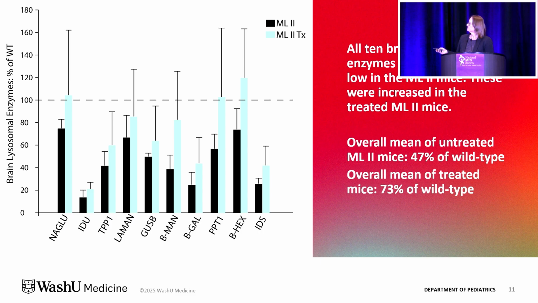Aqua bars are the ML2 mice that had been treated with gene therapy, showing that there was some increase in the lysosomal enzyme content of the brains with all of the enzymes that we assayed in the treated mice. Overall, the mean of the untreated ML2 mice was that they had 47% of wild-type enzymes in their lysosome. In the brain, in the treated mice, we saw 73% of the wild-type amounts.